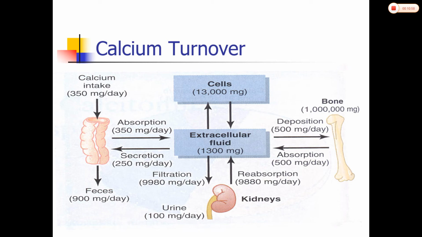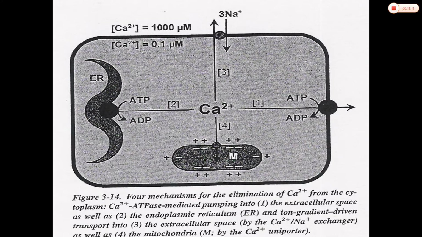Based upon the requirement and the intake of calcium, it can be either reabsorbed through the kidneys, or it can be filtered out and go out in the form of urine or feces. There are four mechanisms for elimination of calcium from the cytoplasm. The first is calcium ATPase mediated pumping, which can be into the extracellular space or through the endoplasmic reticulum.